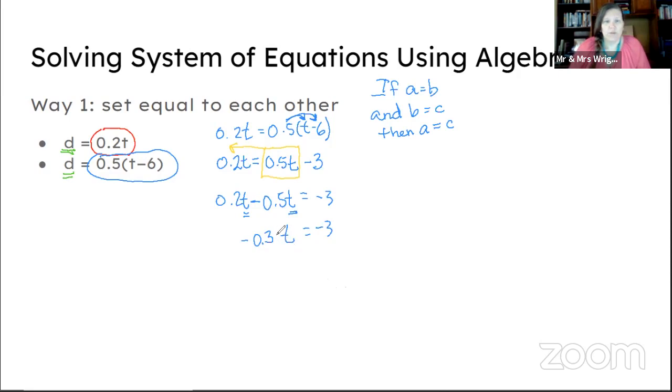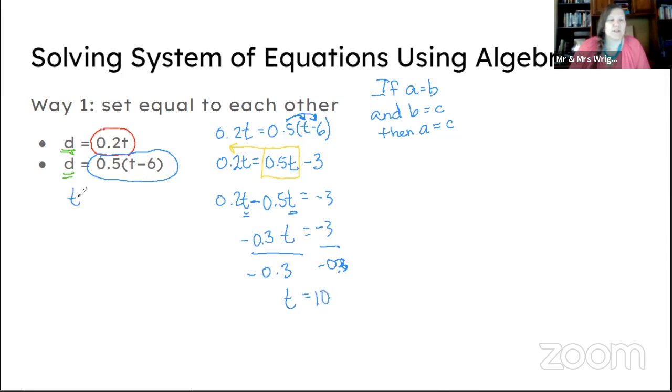So now we simply need to divide by negative 0.3 on both sides. Using my calculator, negative 3 divided by negative 0.3 is going to be 10. So t equals 10.